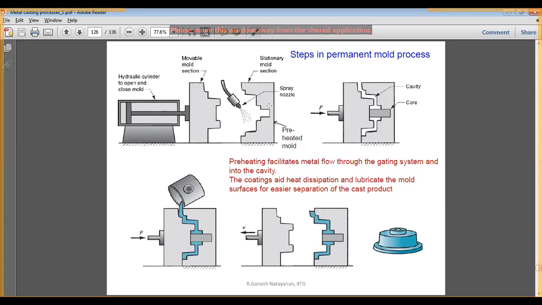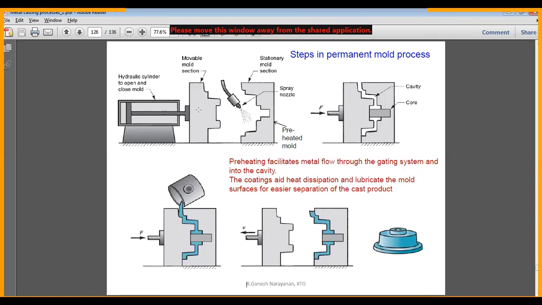So first of all, we apply a spray nozzle to spray oil or powder to provide a separation line between mold and molten metal. Once this is sprayed, the oil or powder is sprayed on both sides of the jaw.